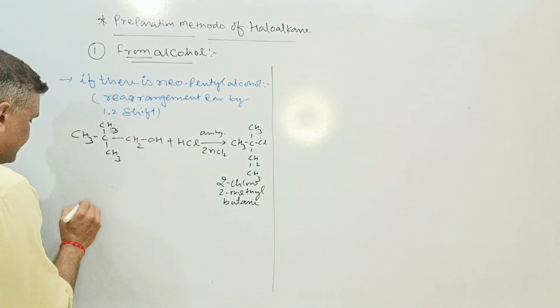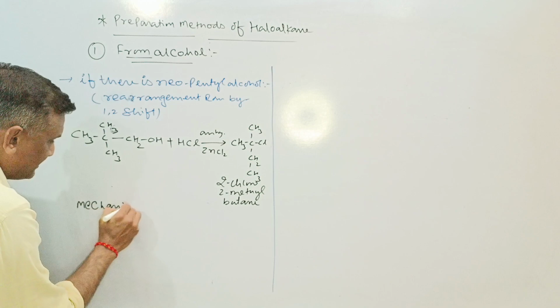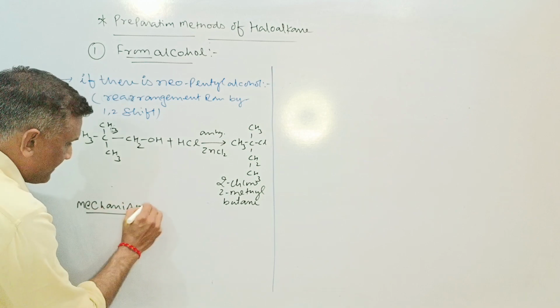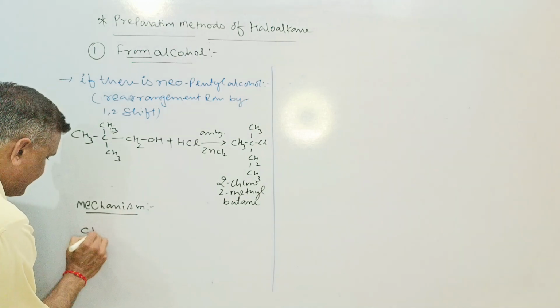If we go with the reaction, then the mechanism is as follows. According to the mechanism, HCl first of all loses H plus ion.